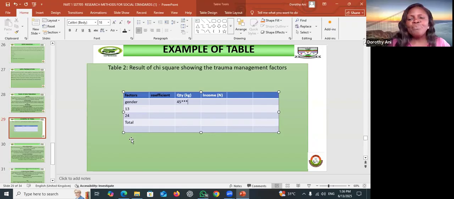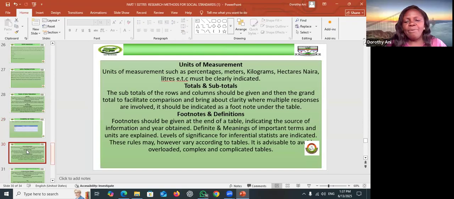If it's 2, it means 10% or 5% level. If it's 1, it's 10%, like that. So these are the things required of you where you have written a table, so that every piece of information will be complete. Please, if you have a question, you can ask.